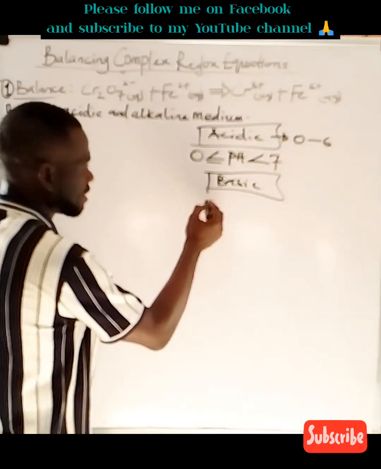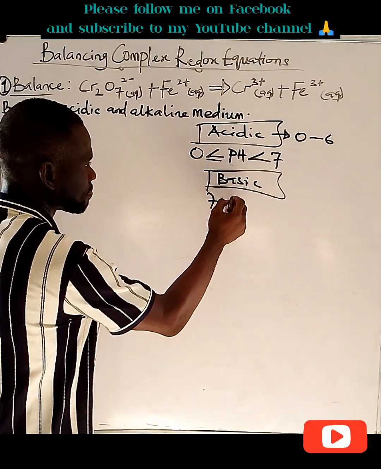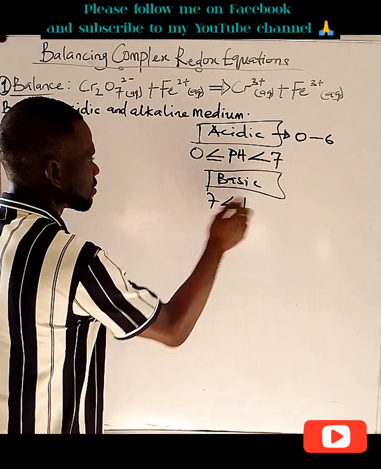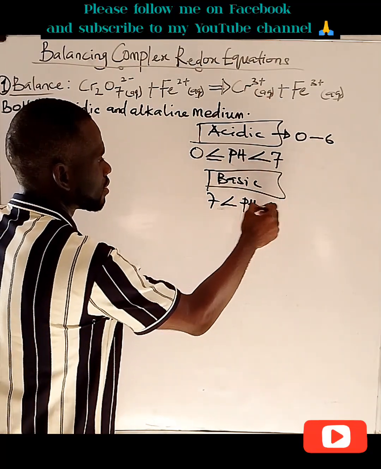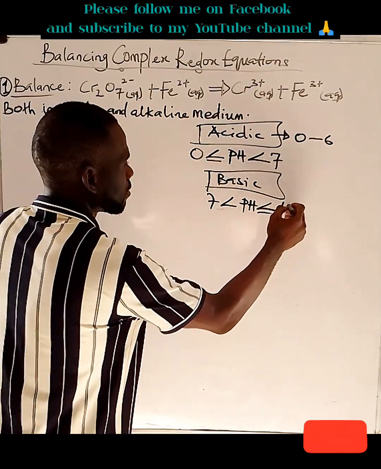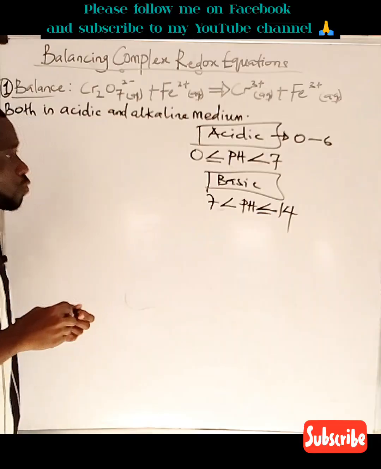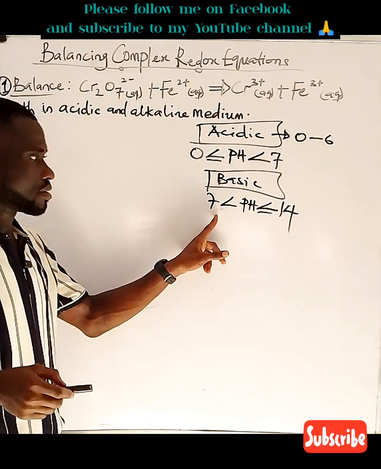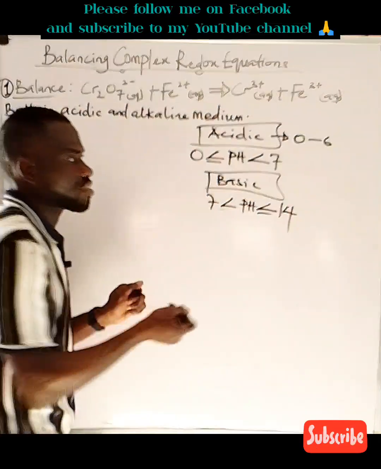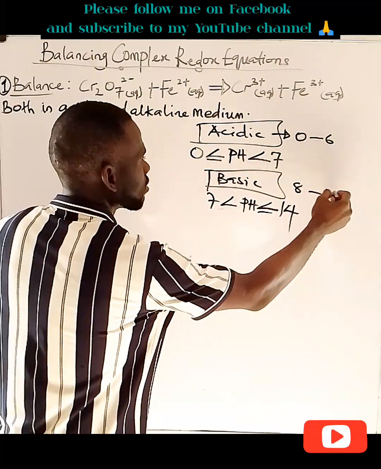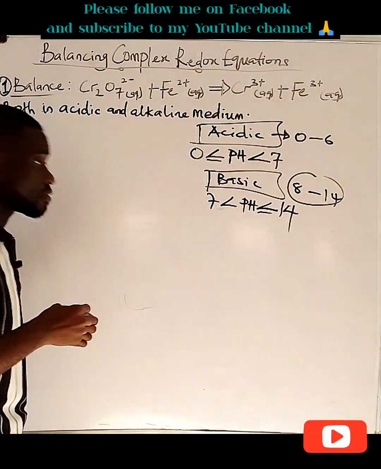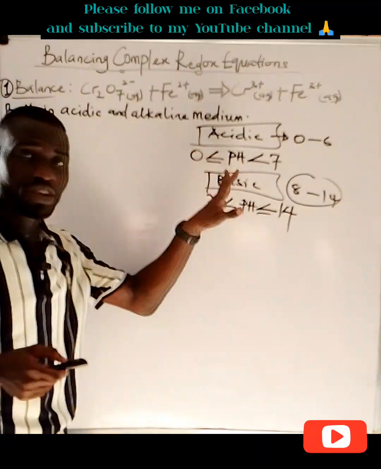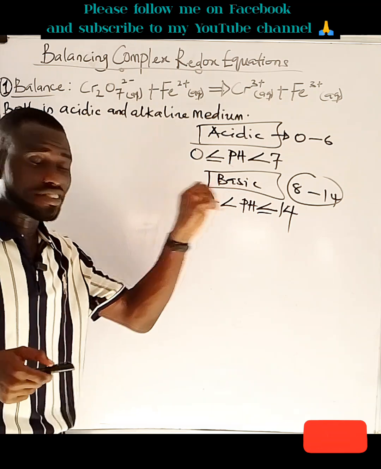So we have something greater than 7, between 8 to 14. So you can say the redox equation is in an alkaline or basic medium.